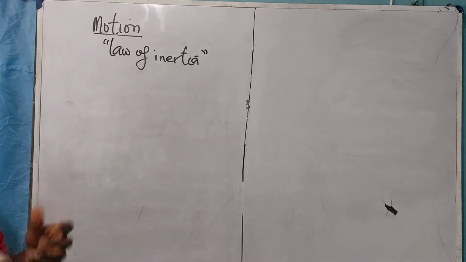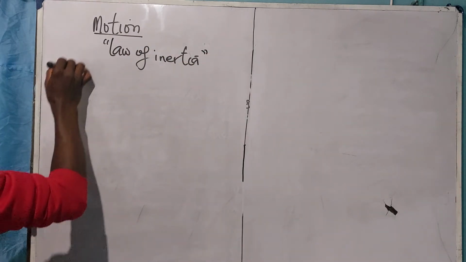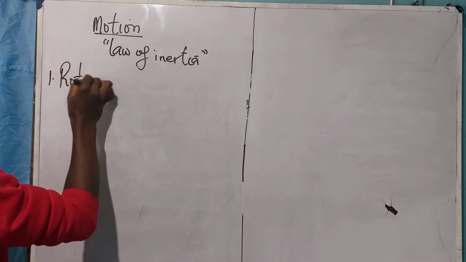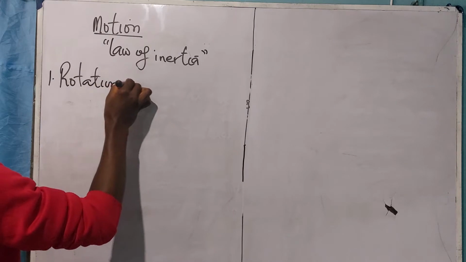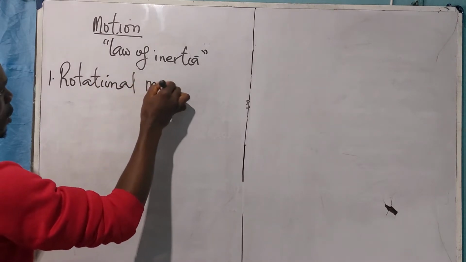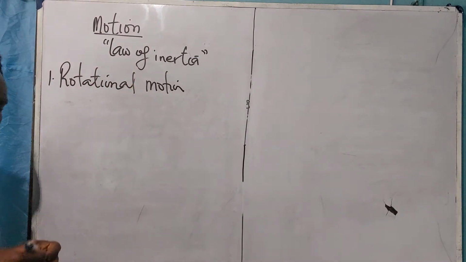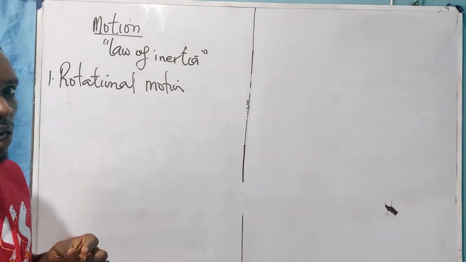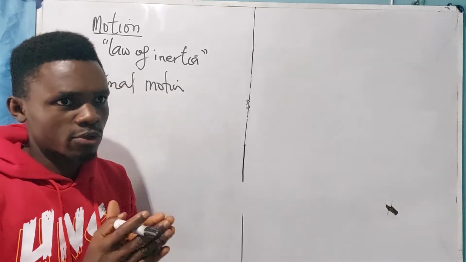Now, there are different types of motion. We have rotational motion. Rotational motion is the movement of an object about its axis in a rotational manner.